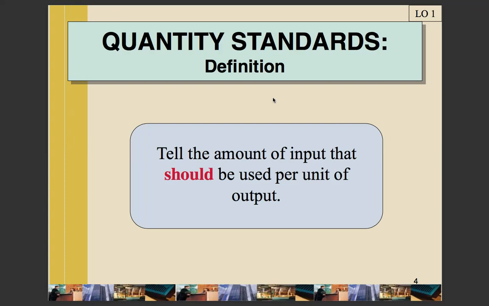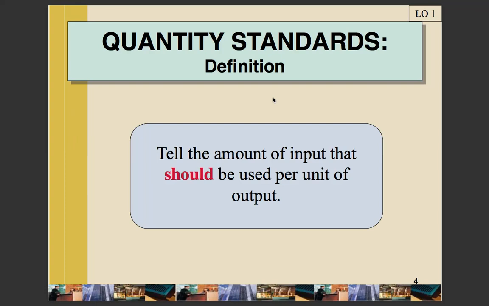Although this process provides significant information for control, the control itself can be enhanced by developing standards for the unit, as well as for the total amount, right?